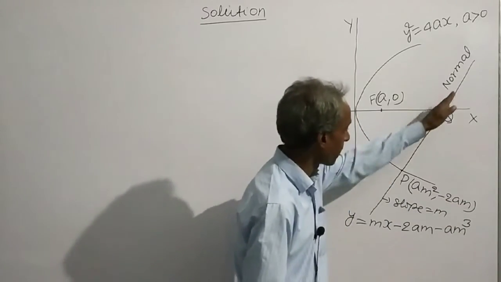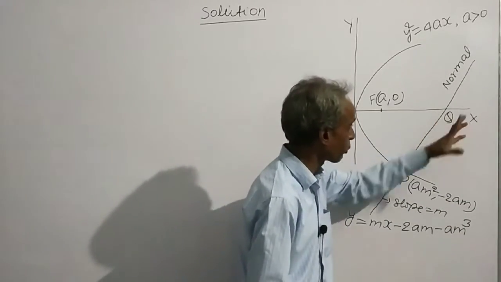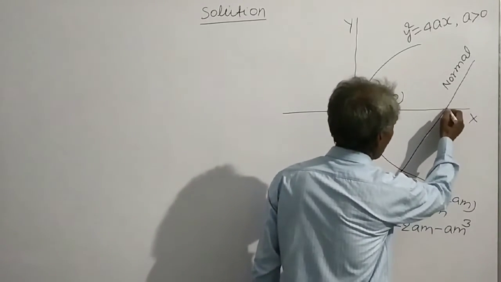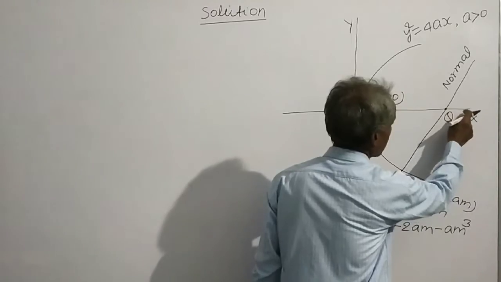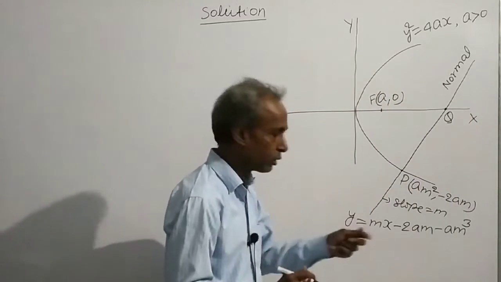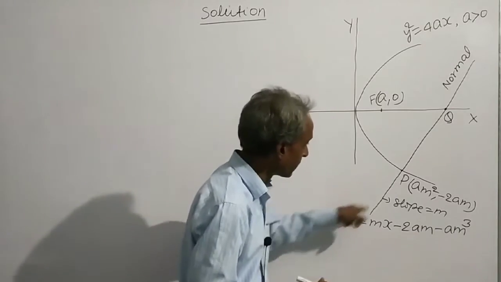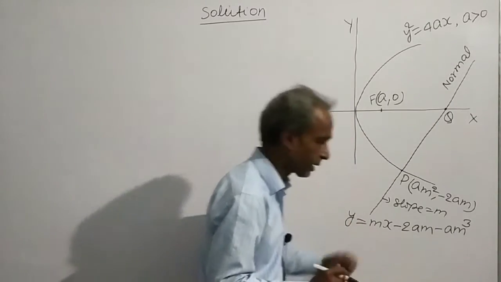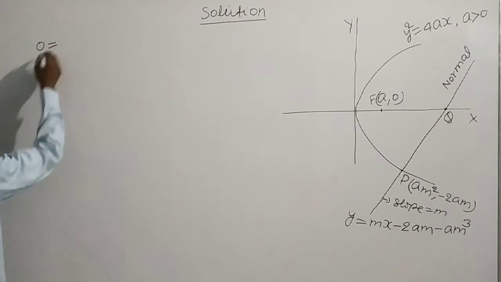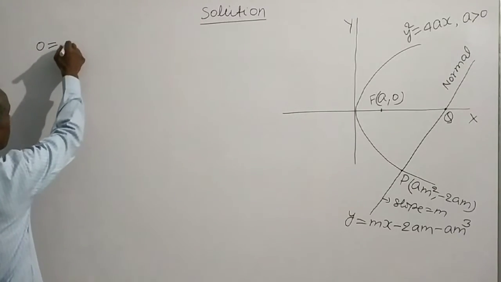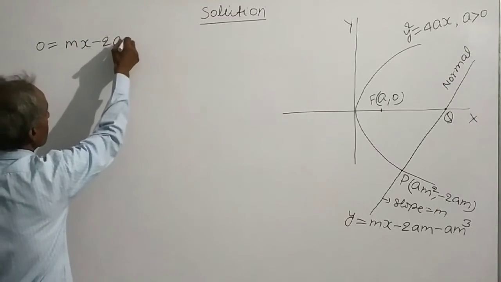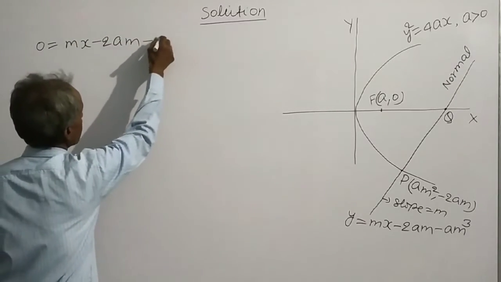Since this normal intersects the x-axis at point Q, and we know that the y coordinate of any point on the x-axis is 0, when we put 0 in place of y in the equation of this normal, we get 0 is equal to mx minus 2am minus am cube.